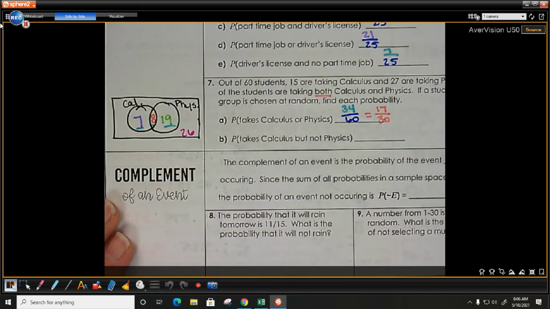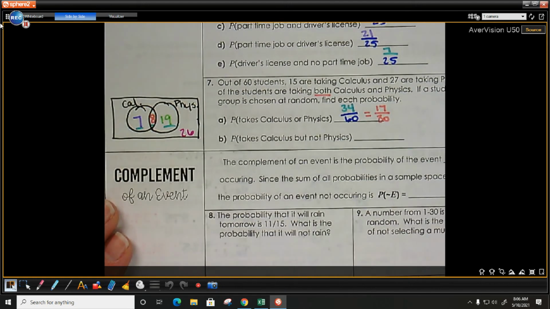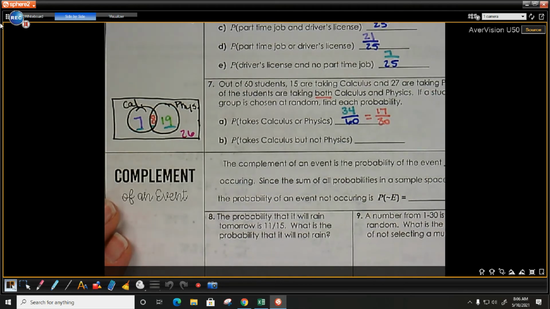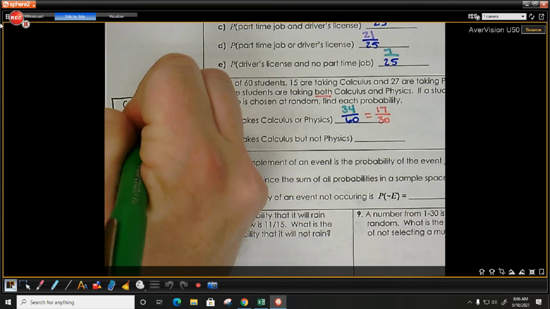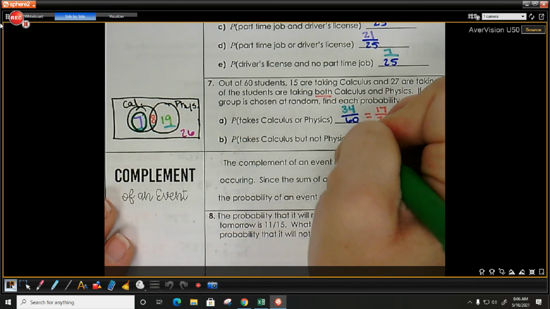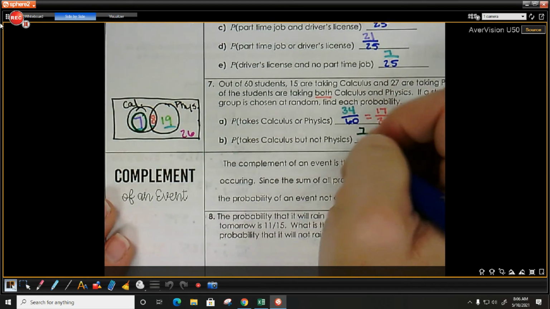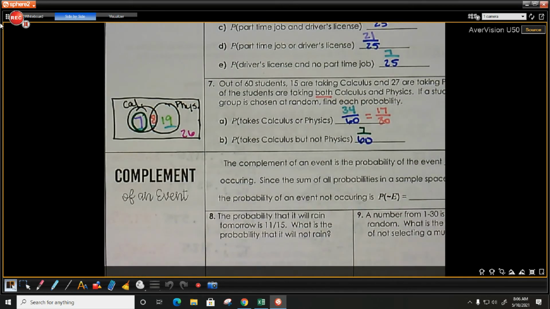So what's the probability that a student takes calculus but not physics? So we're just looking at the calculus bubble. So 7 over 60. Does that simplify? No, that does not simplify. Good?